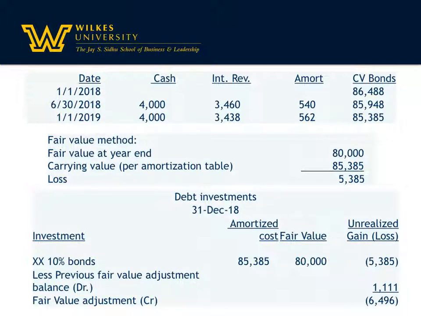But let's just say that we had a previous fair value adjustment balance that had a debit balance of $1,111, then that must mean we need to make a fair value adjustment with a credit to $6,496. And you always need to take into consideration what has been done before.